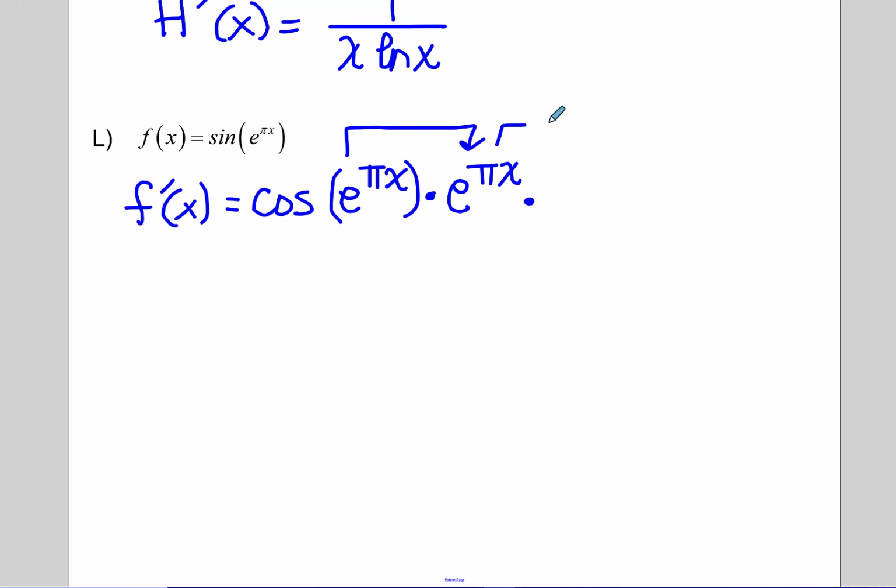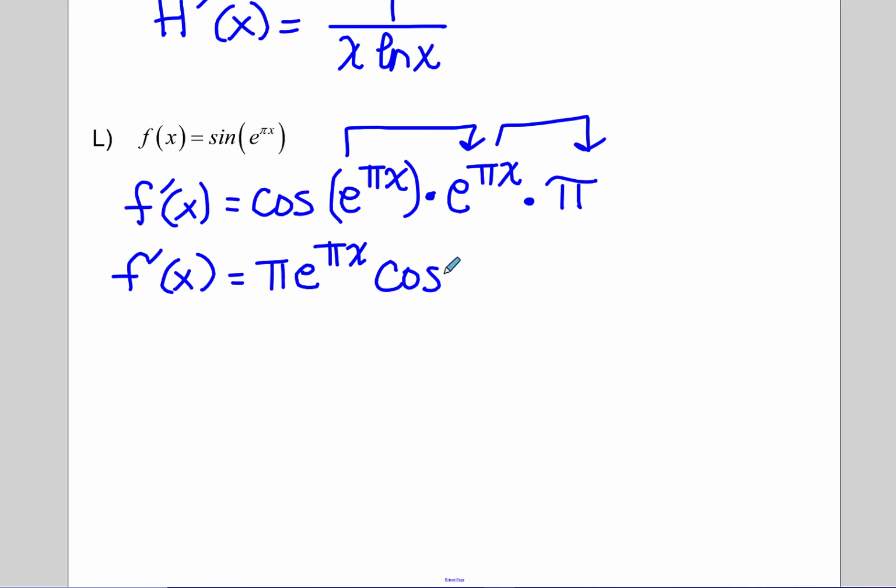And then our last one, the derivative of pi x is just pi. So it's chain, chain, chain, see? And f prime of x is going to be pi e to the pi x power times cosine of e to the pi x power.